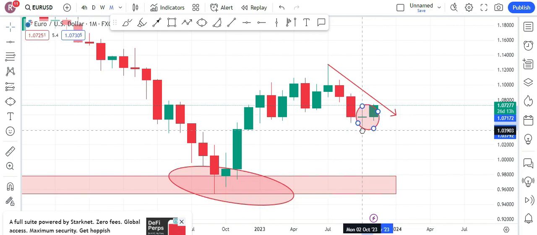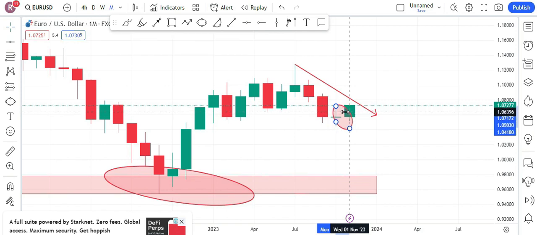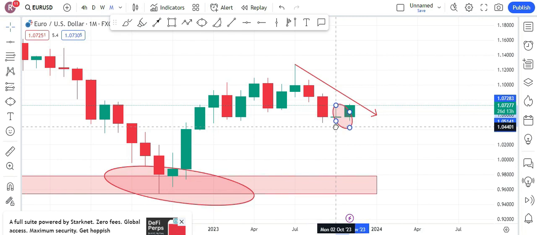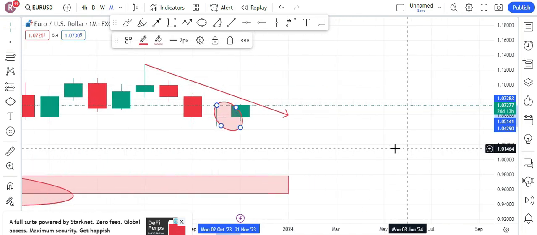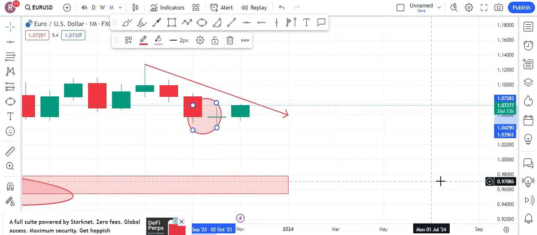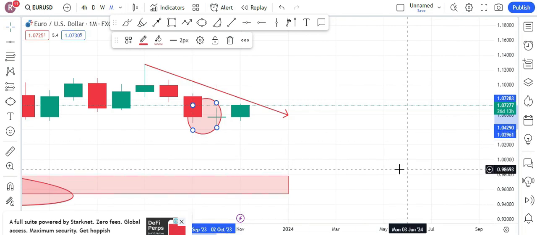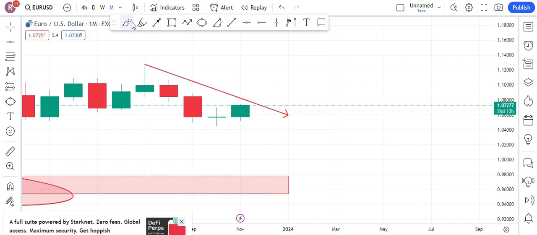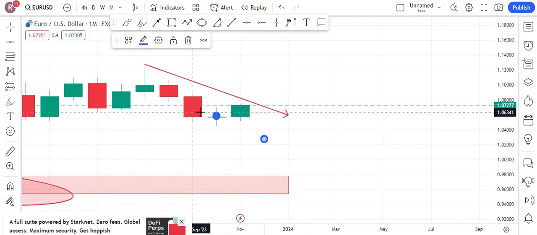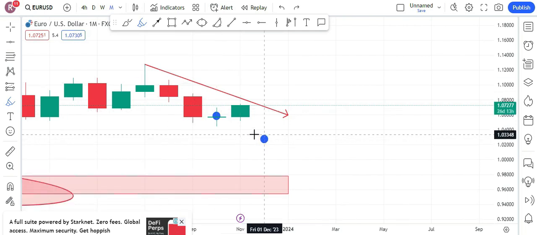But at the beginning of November, the market is going upward. So we need to see why it is going upward. This indecision candle is the main thing which made us confused at the beginning of the month about where the market will go.